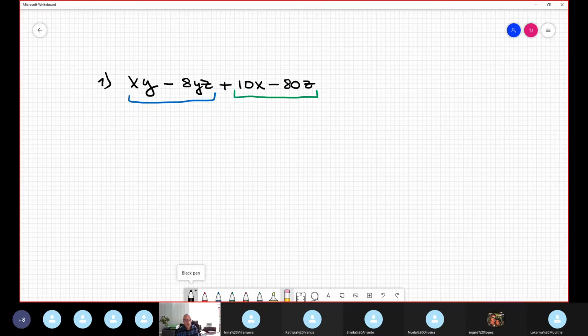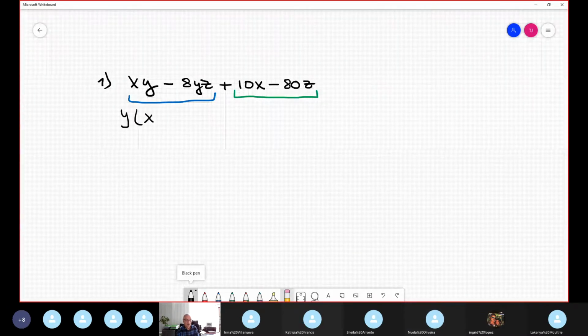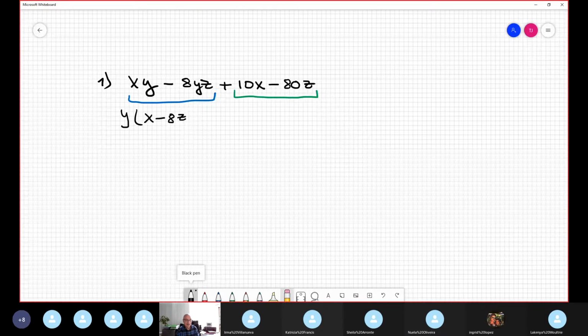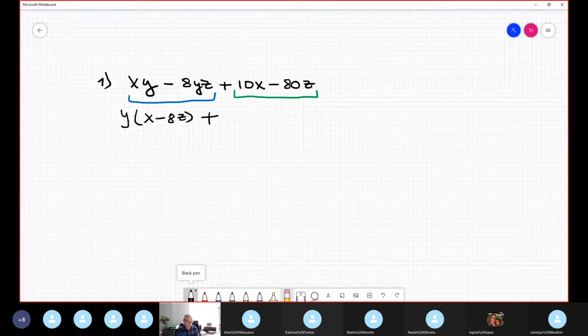What is the GCF in the first couple? It's y. So we have y times x minus az. What is the GCF in the second? It's 10. You are right.